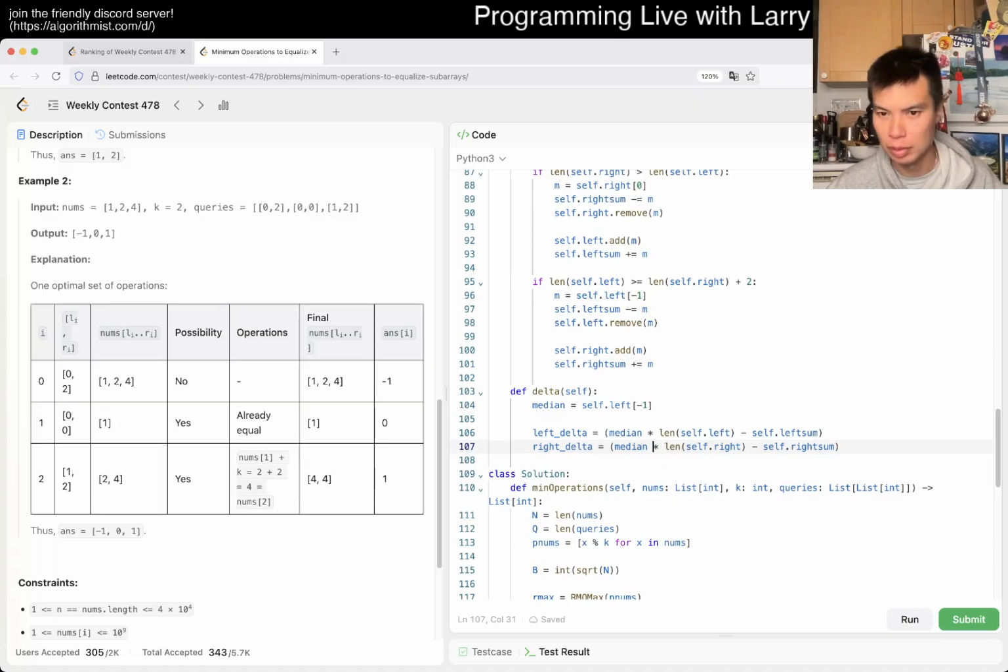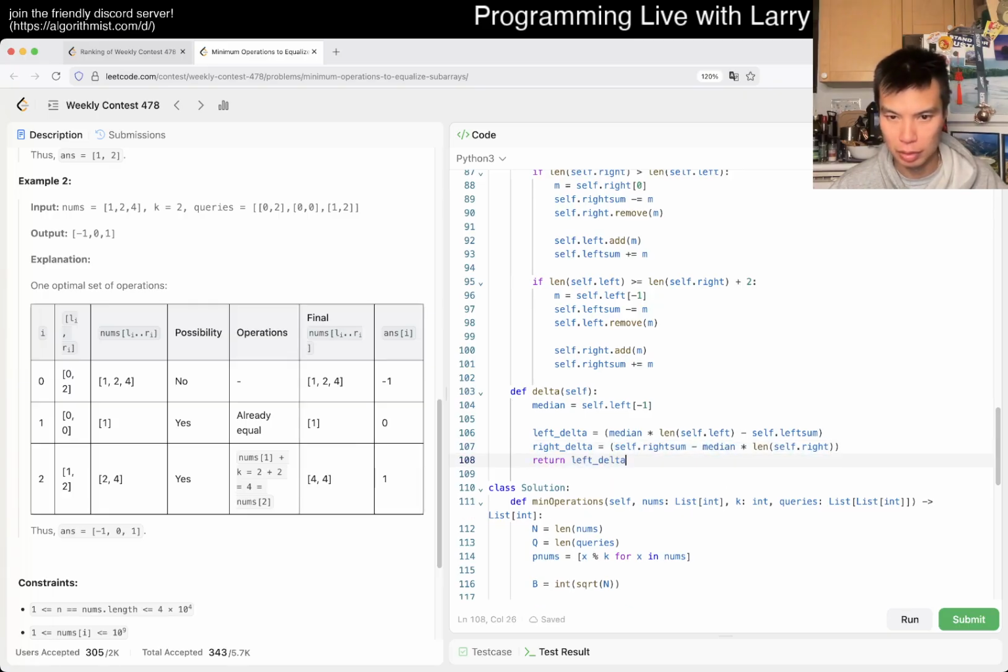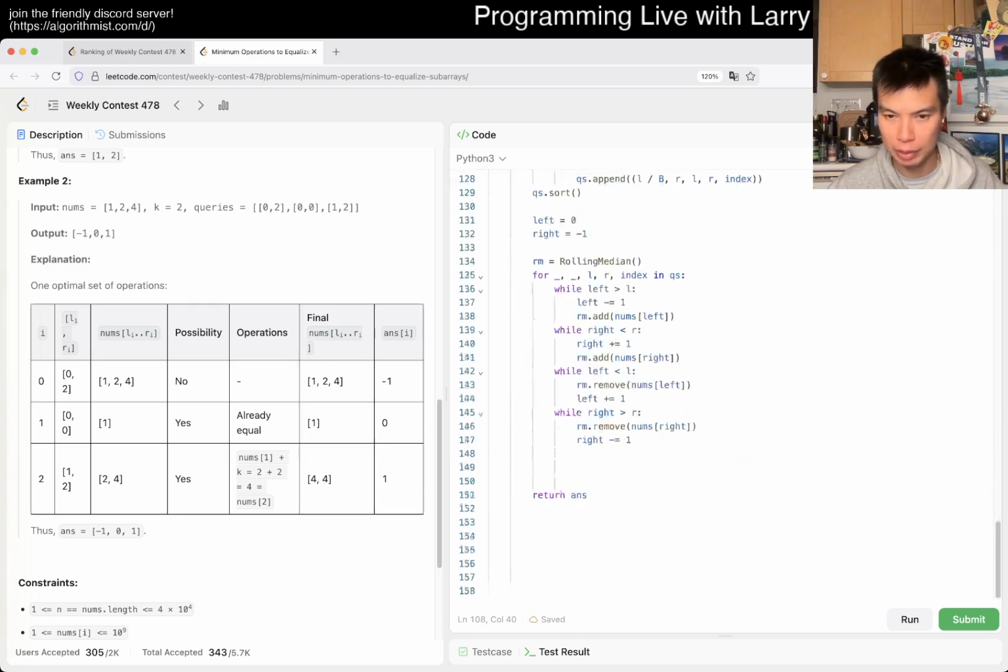Nope. Right sum should be bigger. I mean, we probably just slap a thing to it, but okay. So this should still not be correct because we didn't take into account k, but that's easy.